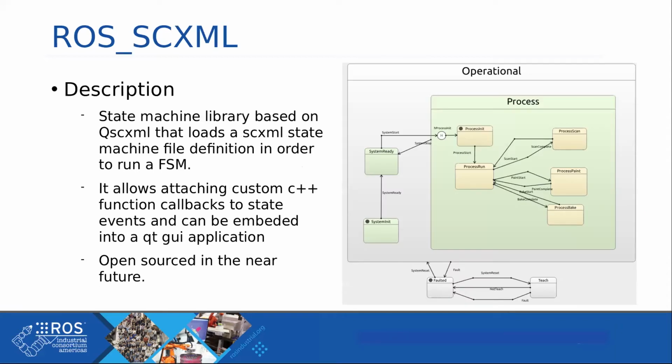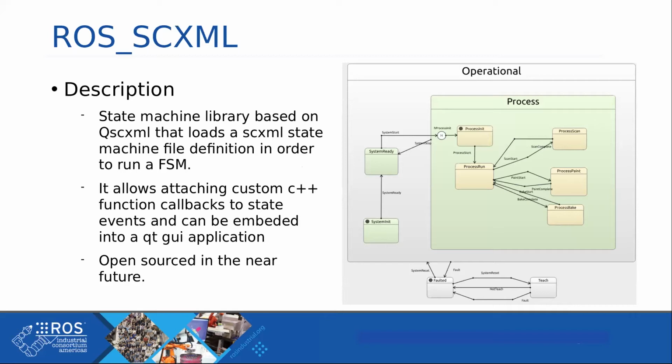This is something new we've been working on, leveraging SCXML, which I believe is a standard available for state machine definitions. The nice thing is that it can be used in Qt for managing the state of your GUI, but it can also be used outside of Qt for managing a finite state machine of your actual system.